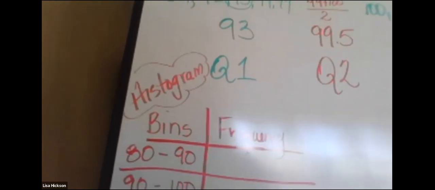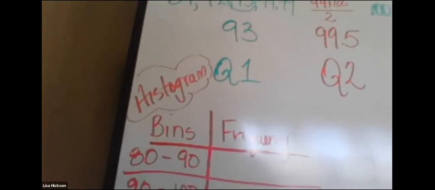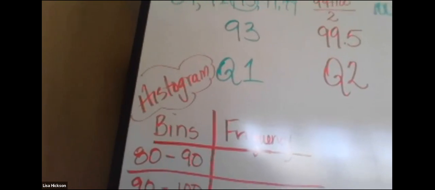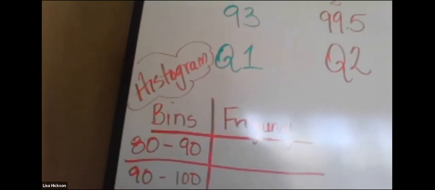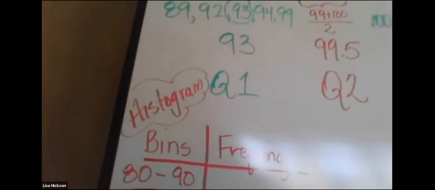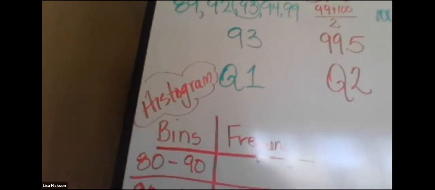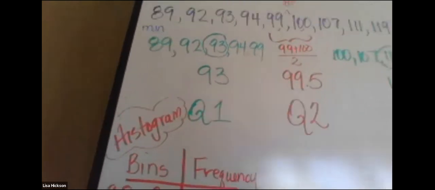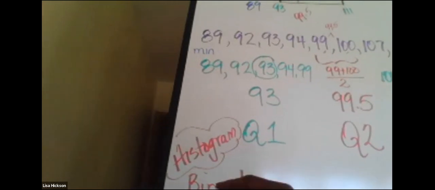So remember, in the first bin, you count from 80 to 89. 90 gets counted in the next bin. So when we look at our data set, we only have one term that falls between 80 and 89, and that is the number 89. Right?